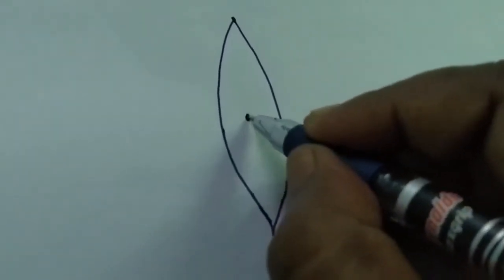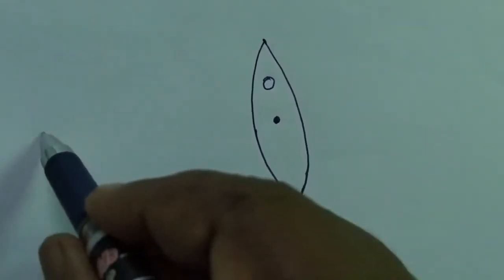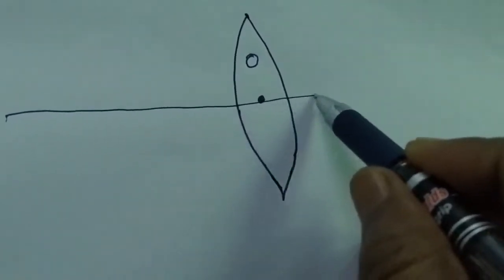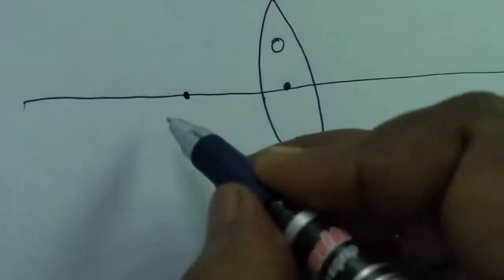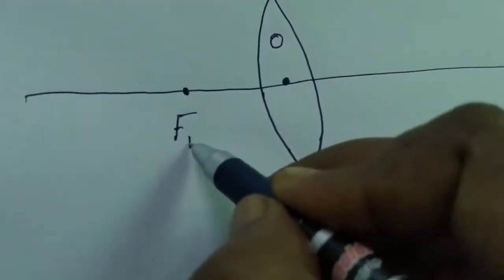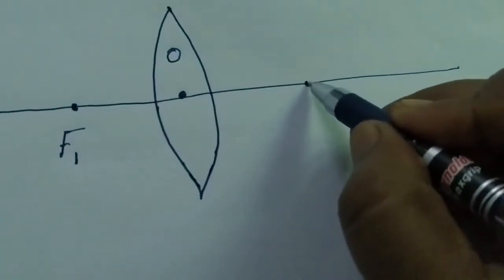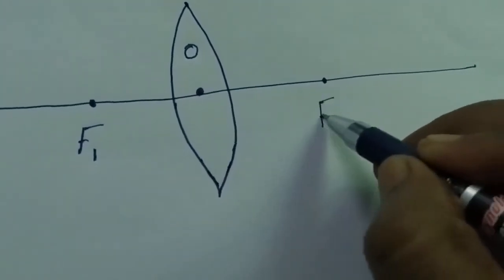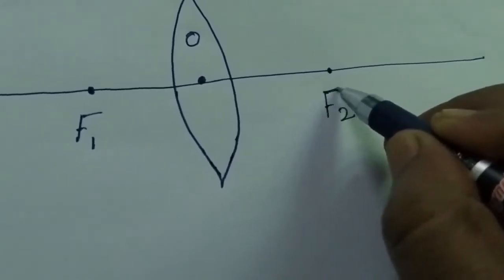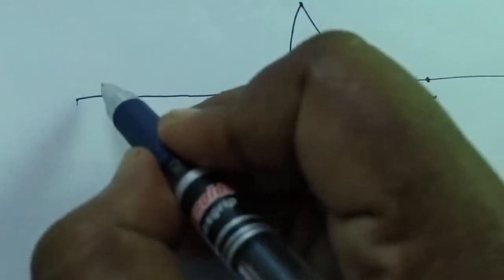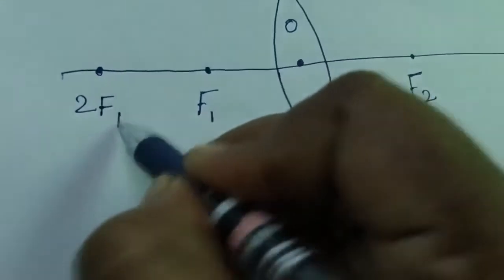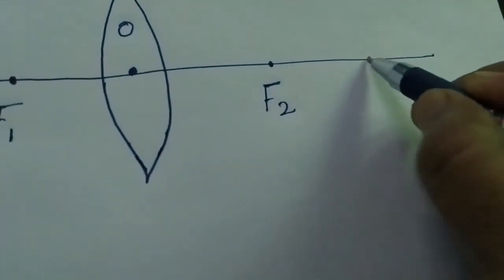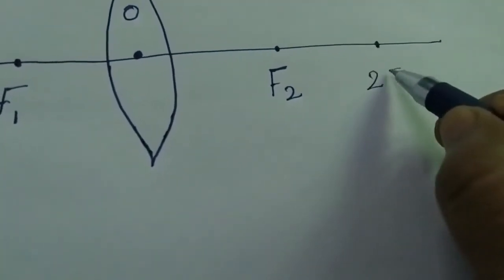The center point is the optic center O, and this is the principal axis, and then F1 is the principal focus, and on the right side F2, and then 2F1, and on the right side 2F2.